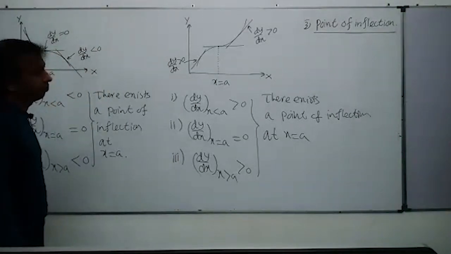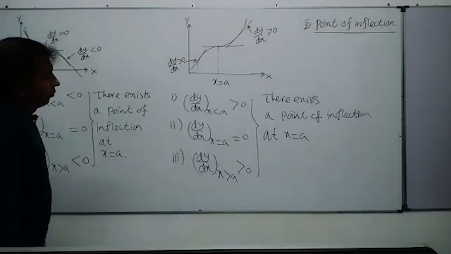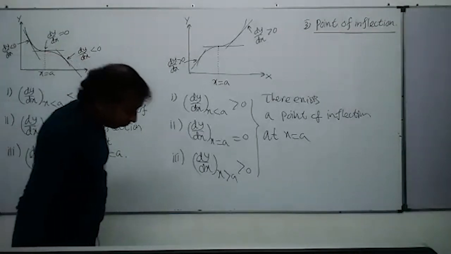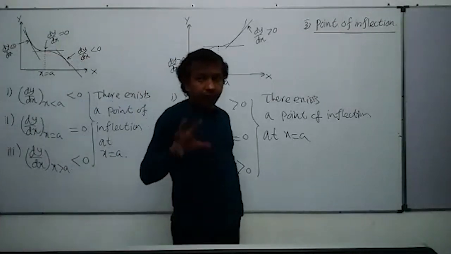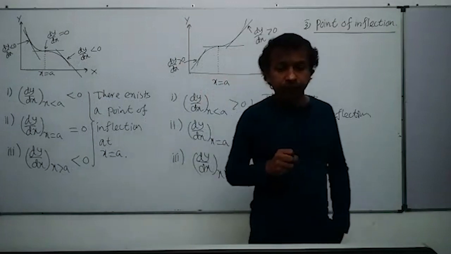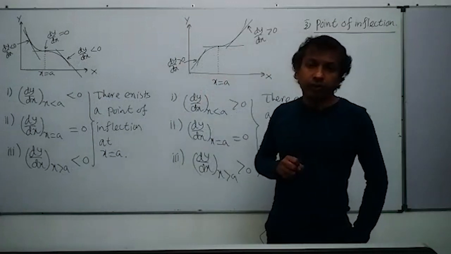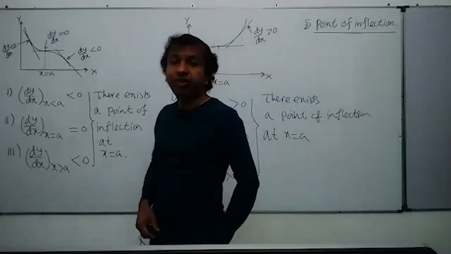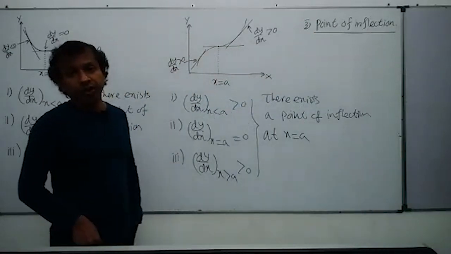Right. And therefore, people, at a stationary point or turning point, dy by dx is 0.